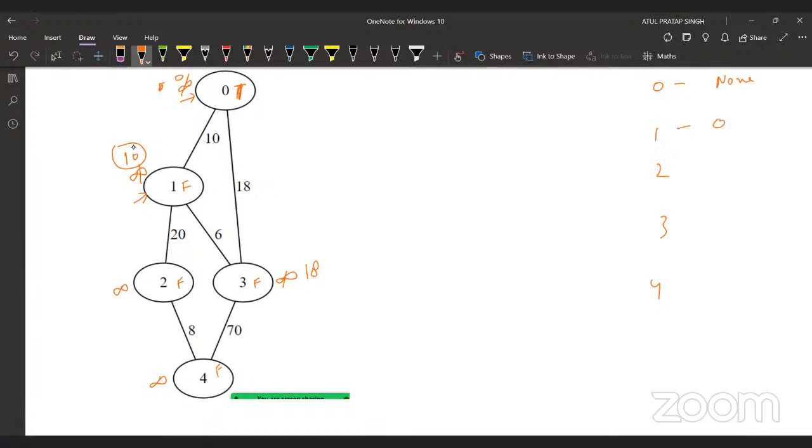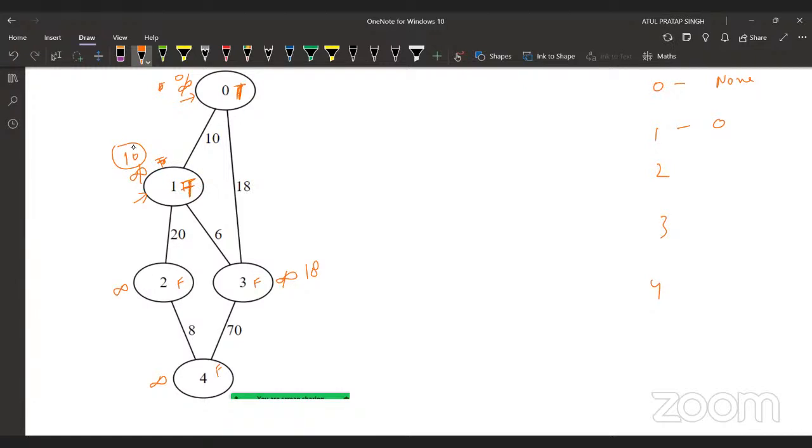After that we update the distances for the next adjacent vertices, but we do not consider previously visited vertices. 0 has already been visited, so we will not update that. Now we mark 1 as traversed, true.